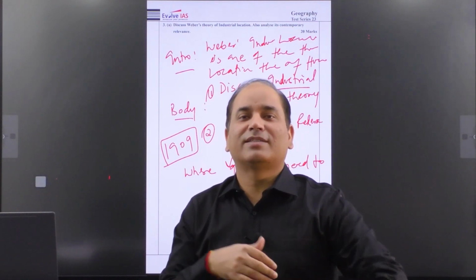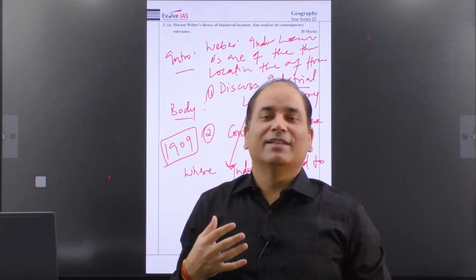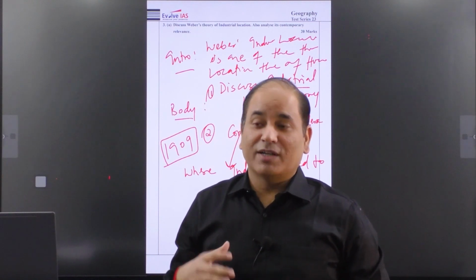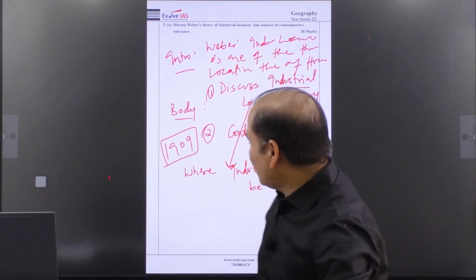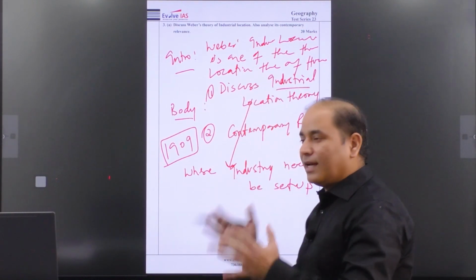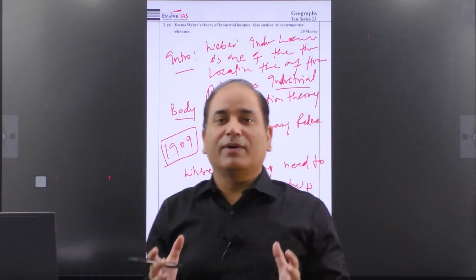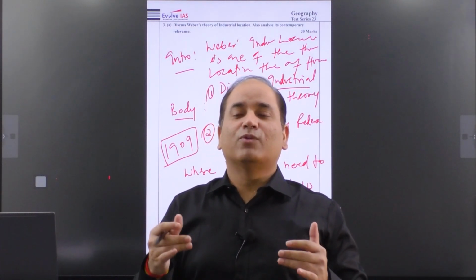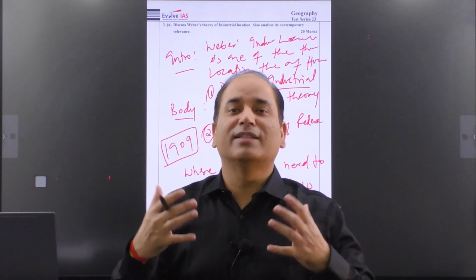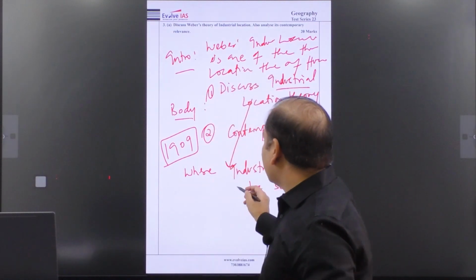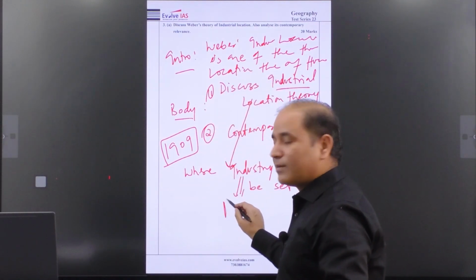Whenever somebody wants to establish an industry, they have this question in mind: where to set up the industry. One more important thing: Weber was deciding where the industry should be located to earn profit, so it is a profit making industry.